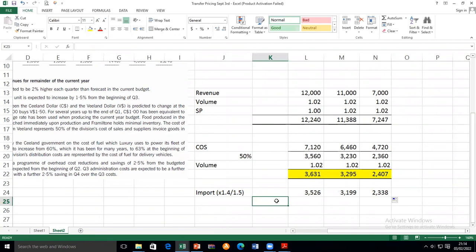So we have now factored the new exchange rate. Now remember, the volume also still applies to here. The volume still applies, 1.02.